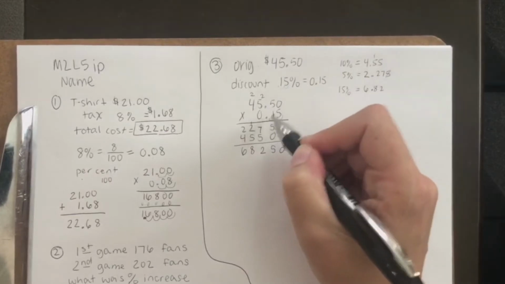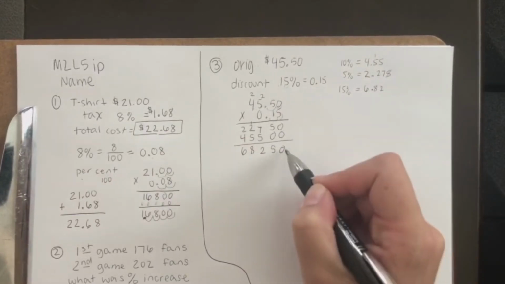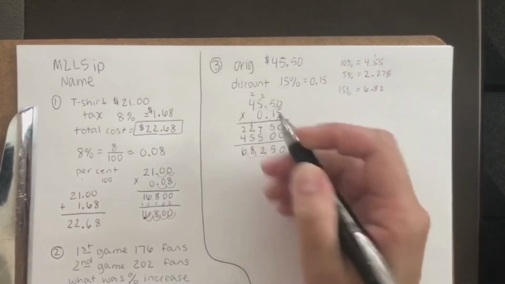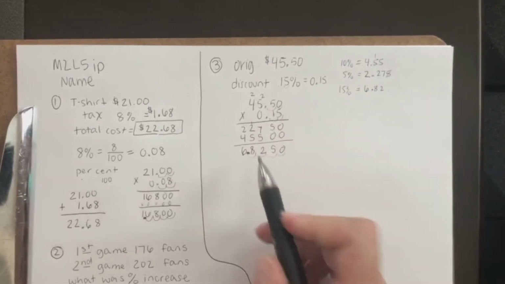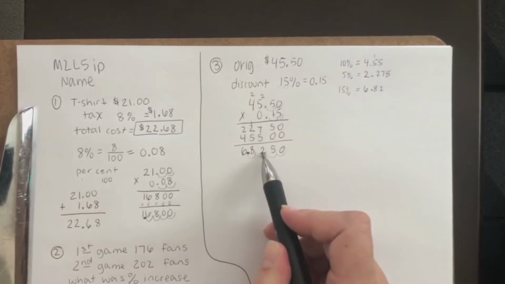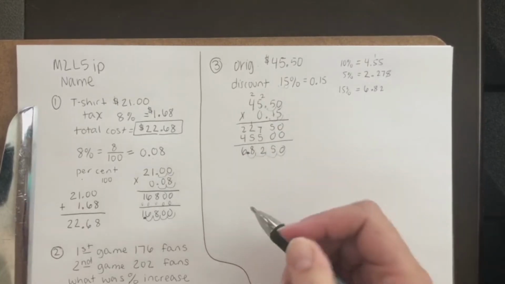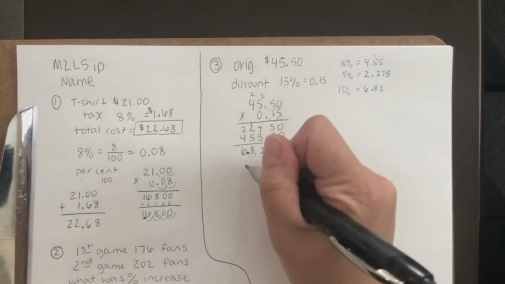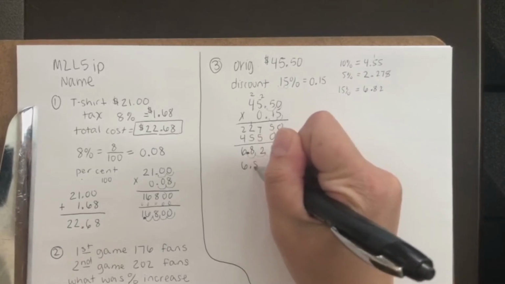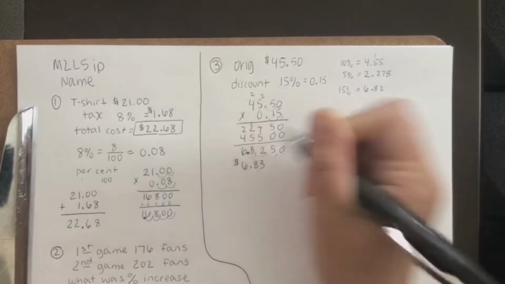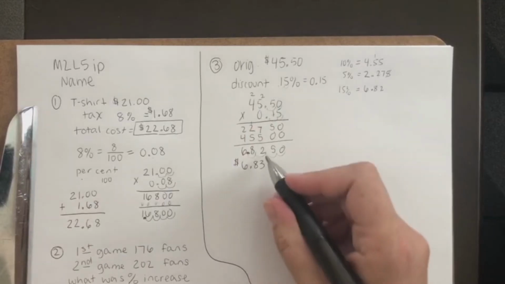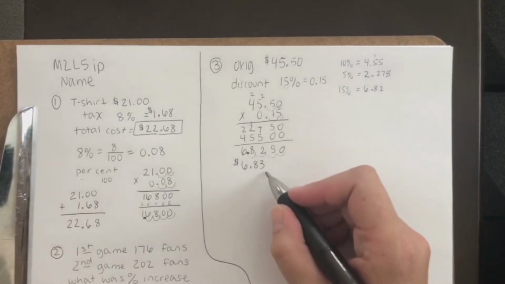And I've got 1, 2, 3, 4 decimal places. So this is 6.825. The store may or may not round that up or down. Technically it's a 5, we should round it up to $6.83 is the amount that is being discounted. That's the amount we're taking off.